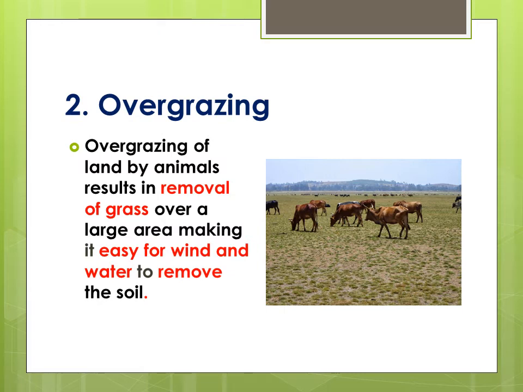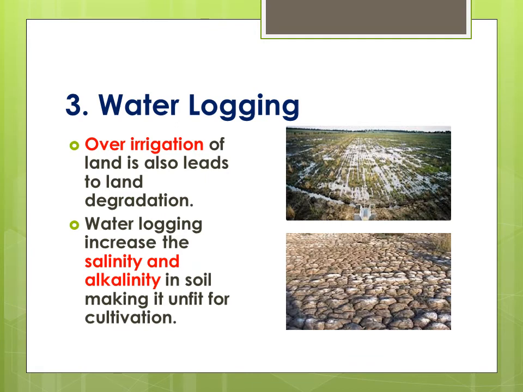When they eat it, the roots die. Even the small grasses, the cattle eat from the root and uproot them. This makes the soil loose, and it is very easy for wind or water to remove the soil.